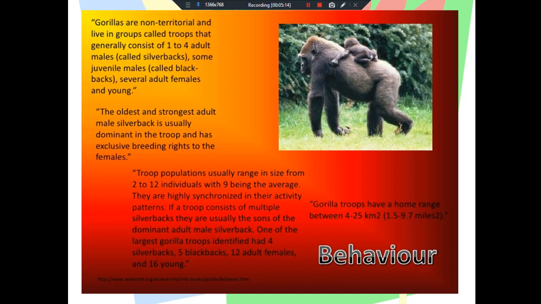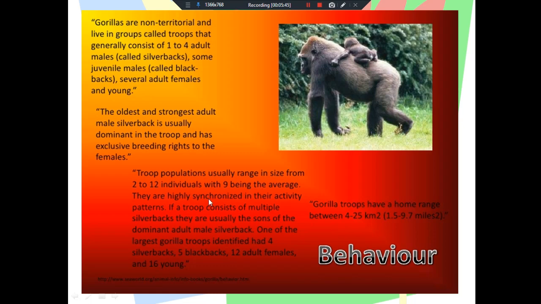Now you see, gorillas are non-territorial and live in groups called troops that generally consist of 1 to 4 adult males called silverbacks, some juvenile males called blackbacks, and several adult females and young. The oldest and strongest adult male silverback is usually dominant in the troop and has exclusive breeding rights to the females. Troop populations usually range in size from 2 to 12 individuals, with 9 being the average.